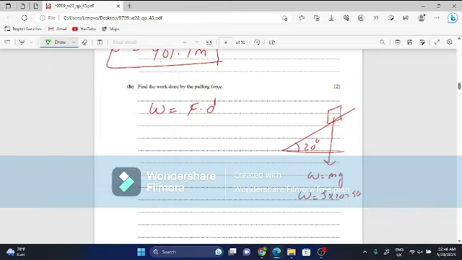So this weight can be resolved into two components, 50 sine of 20 degrees, and vertical component would be, this is vertical, and horizontal component would be that one, that is 50 cos of 20 degrees, right?